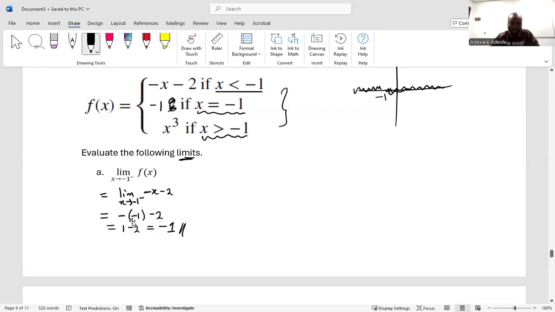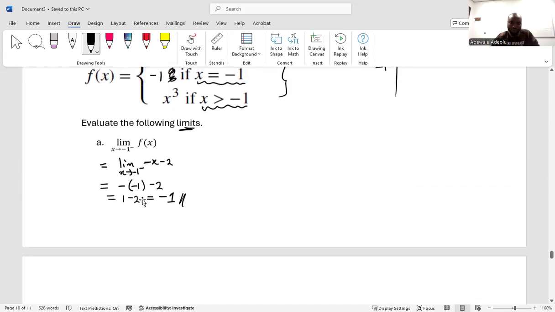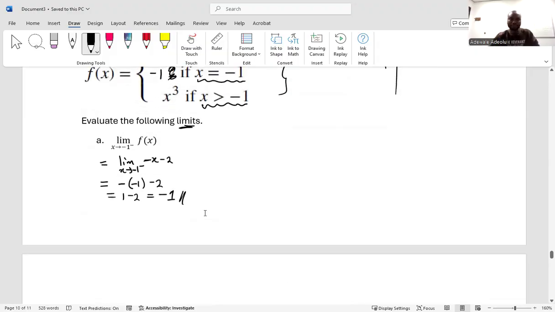Let me see my computation. -1 here, -2. So that is +1 -2, -1. Okay. -1 raised to power 3, so that is -1. Okay. Yeah.